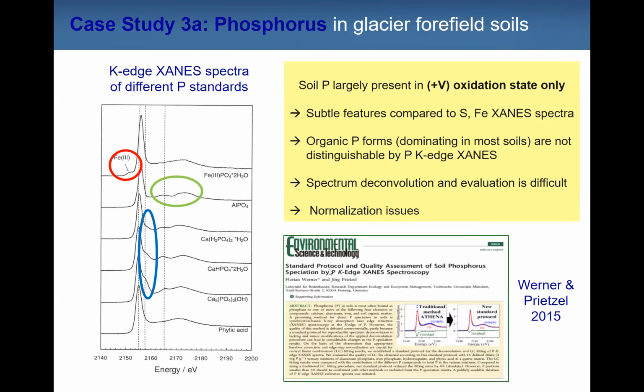A PhD student of mine did a job comparing known mixtures of different phosphate compounds, iron, aluminum, organic, calcium, and we tried to develop an automated process run by R to get the most exact and reliable speciation results.